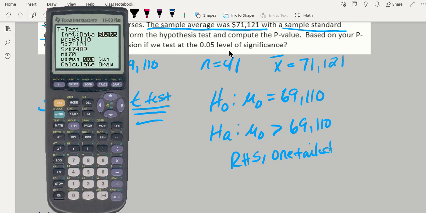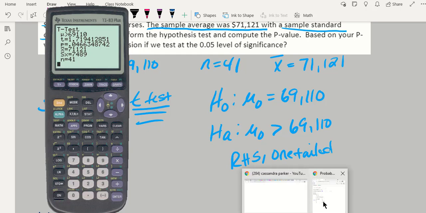And then we put in our sample size, which is 41. Now, based upon which tail you're dealing with, whether a not equal to, a less than, or a greater than, that is the one you will select. Then scroll down and click calculate. So that gives us our t-score, our test score, of 1.7194 and our p-value of 0.0466.